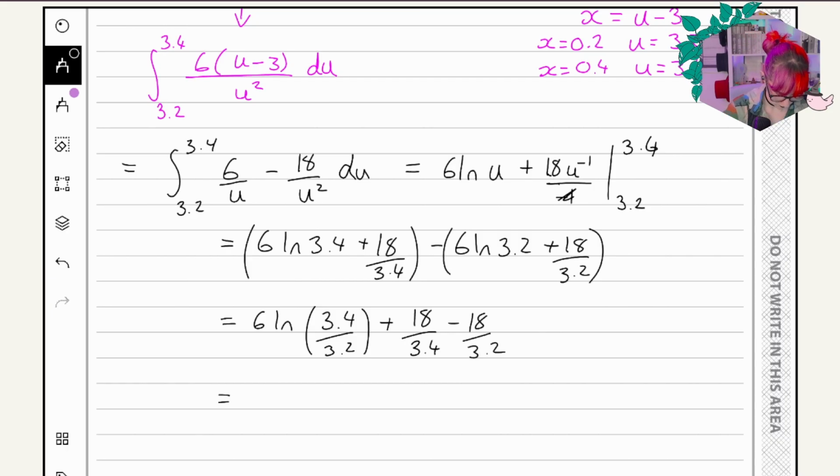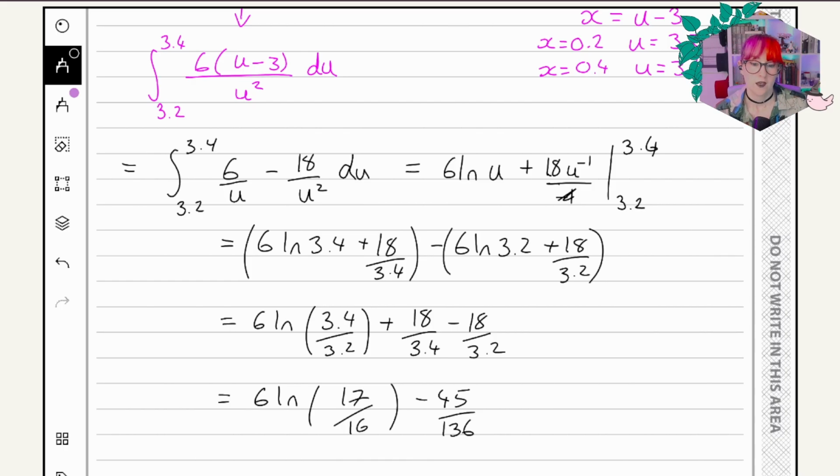So that's 6 log of something, I'll deal with that in a minute, minus 45 over 136, and 3.4 divided by 3.2 is 17 over 16, and it said we could leave it in that form. So that's the end of that question. 6 log 17 over 16.